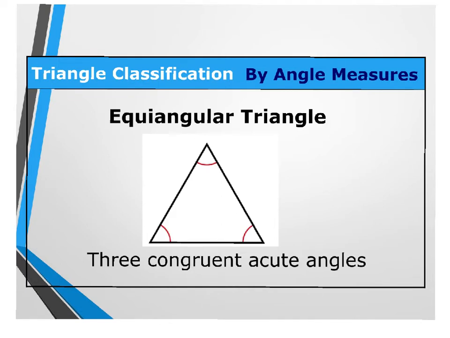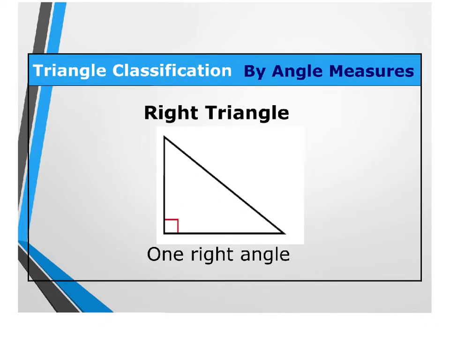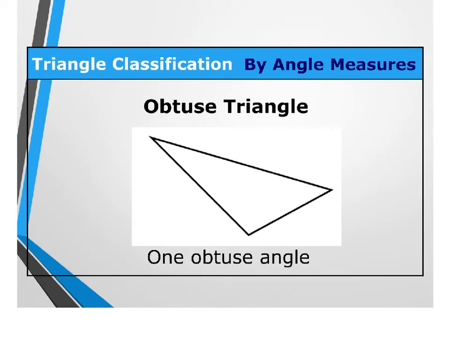Whenever all of our angles are the same measurement, then we have 3 congruent acute angles, and we call this an equiangular triangle. When we have just one right angle inside our triangle, like is shown here, this is called a right triangle. And when we have one obtuse angle, which is bigger than 90 degrees, this is called an obtuse triangle.